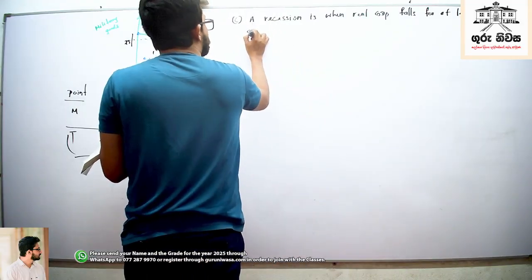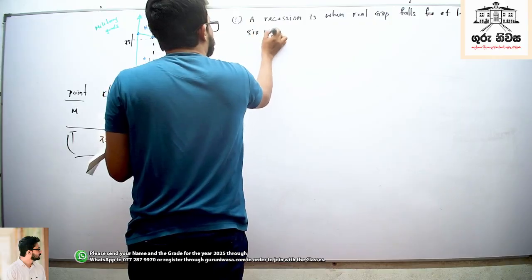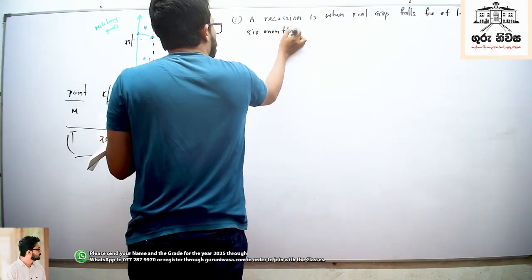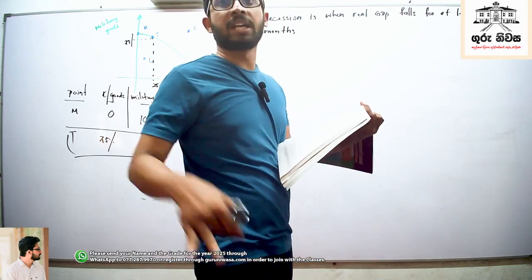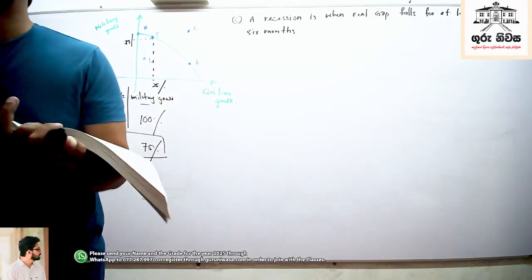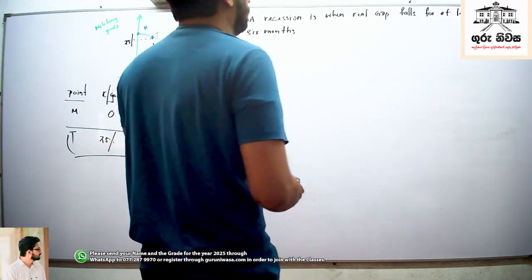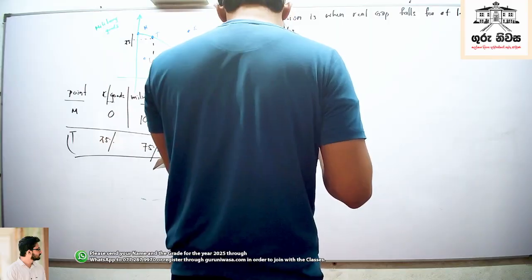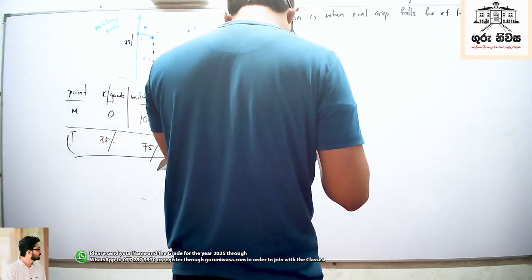So these 6 months should be consecutive. If not, it's not an economic recession. Falls for at least 6 consecutive months.